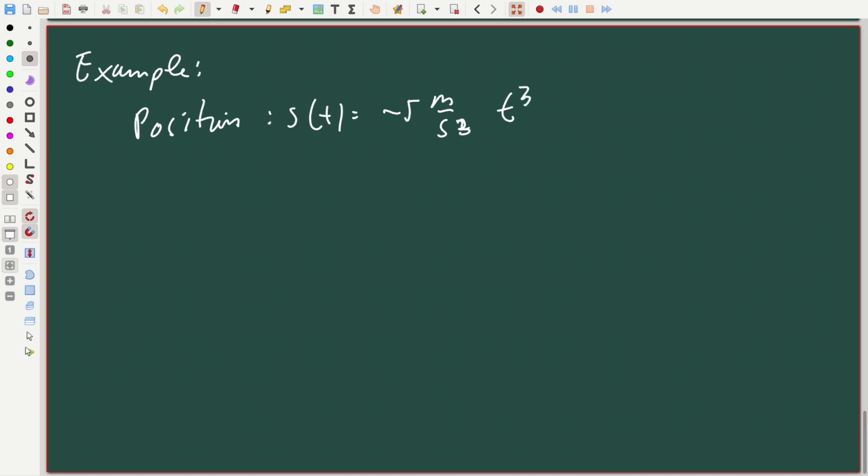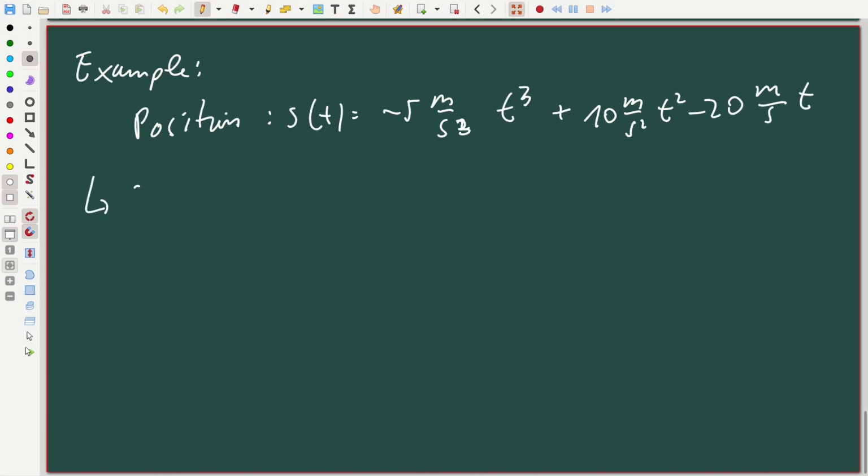Because here is t to the power 3, it also has to be cubic seconds in order to cancel out. At the end, meter has to remain. This is always a good idea, to always check the units to make sure that you really get a distance, a speed, or an acceleration from that. And here the next term could be, for example, 10 meter per square second times t square. And then we could write here, for example, minus 20 meter per second times t.